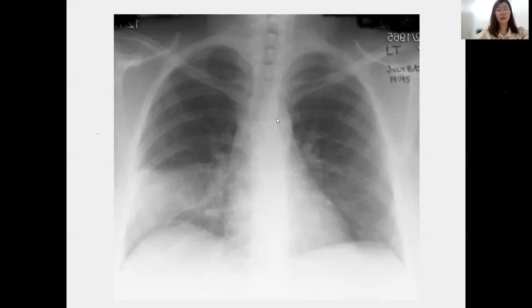Always remember, if something happens in the lower lobe, the hemidiaphragm will be obscured, but not the heart border. If the heart border is obscured, then something is happening in the middle lobe on the right side. So in this X-ray the right heart border is clearly seen, while there's some obscuration of the hemidiaphragm. So this is right lower lobe consolidation.